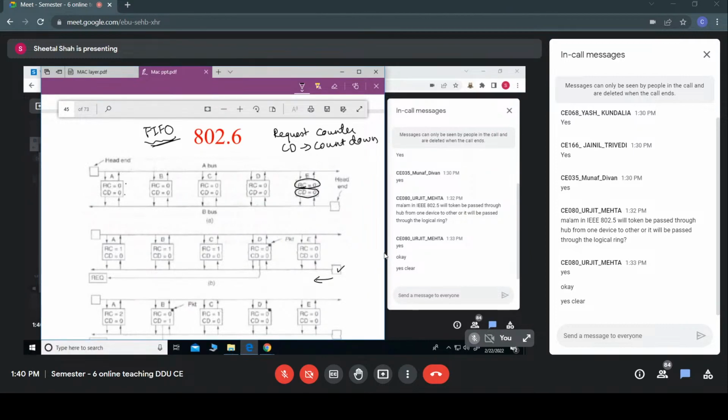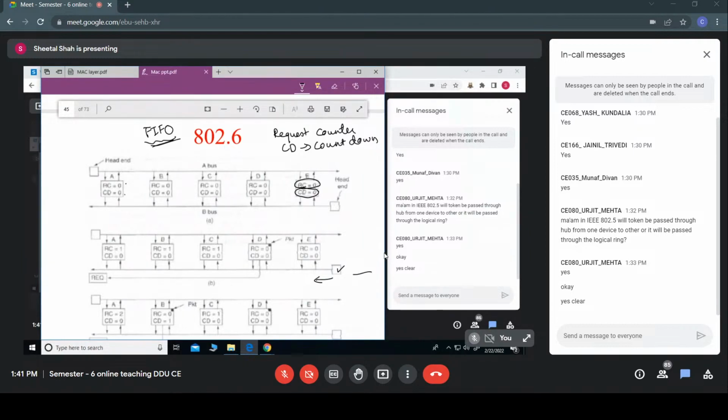As I said, into that frame we have one bit which is known as a request bit. Since station D is ready with certain data which has to be transmitted, before its turn comes, it will set that request bit in the cell moving on this bus. Are you getting this?